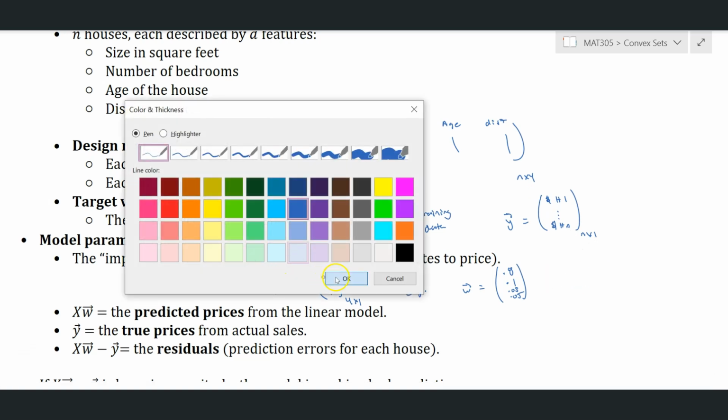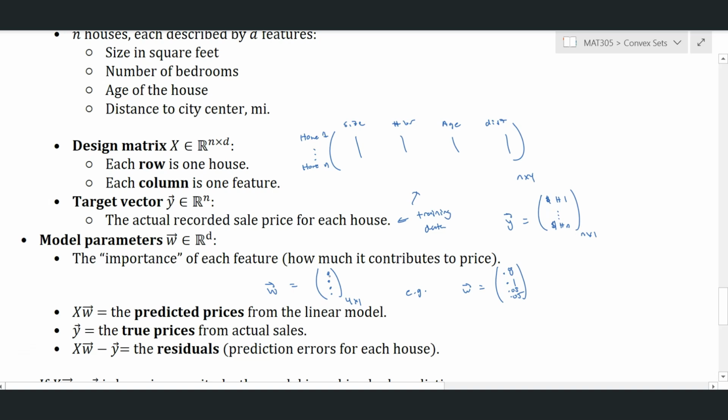Often you want the size of that vector to be something in particular, and we'll see that in a moment, rather than the sum of the weights. But let's say that we multiply x and w together.